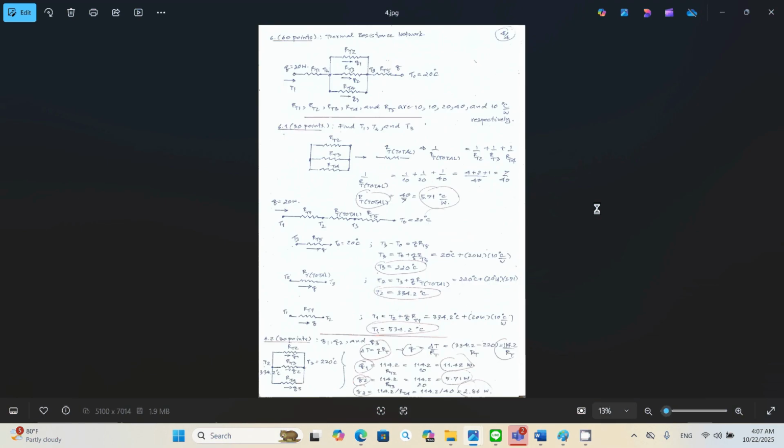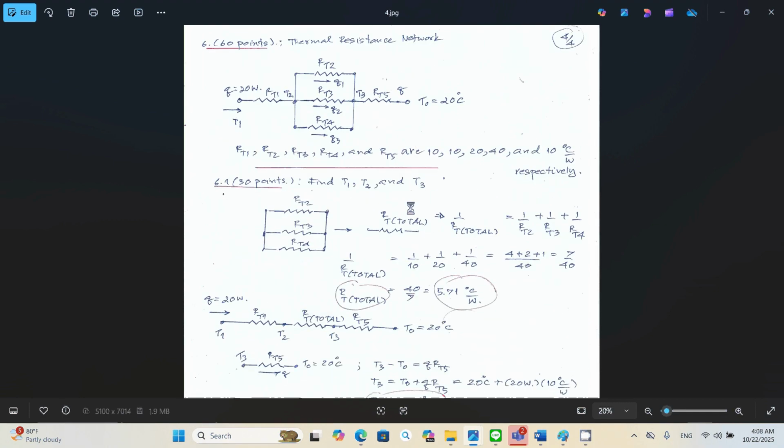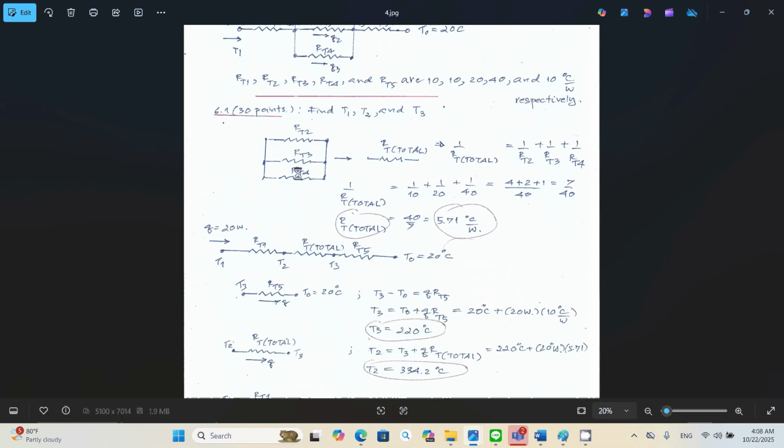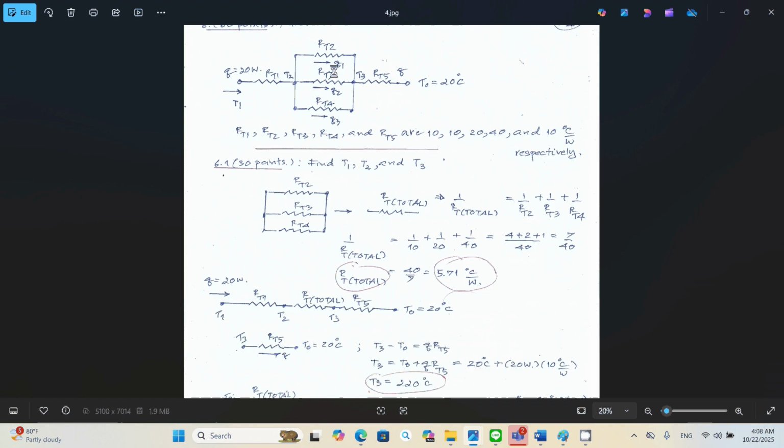Well, this one, think about it just like an electrical circuit. Let me blow this up. Sorry. Okay. It just works like an electrical circuit. Let's take a look at the thermal resistance in parallel.